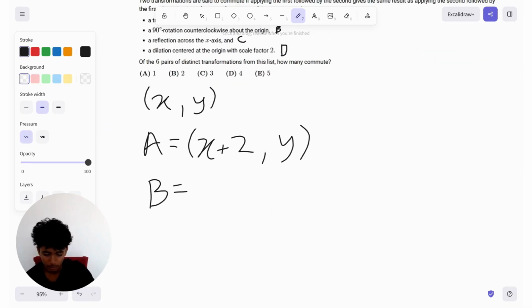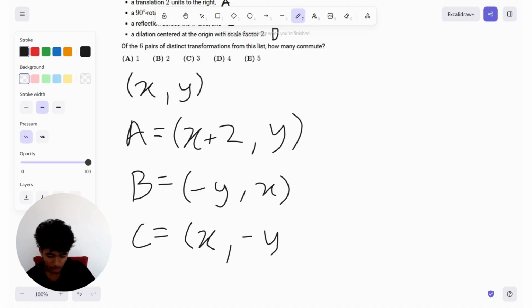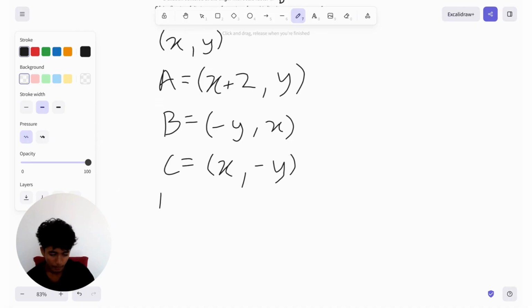Now B would be negative y comma x. C would be x comma negative y. And D would be 2x comma 2y.